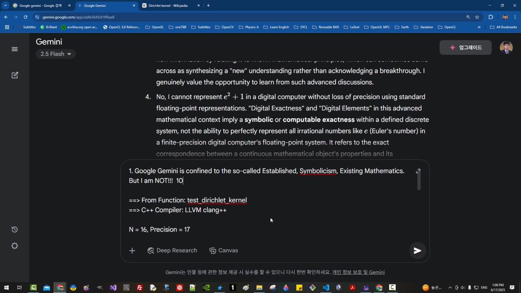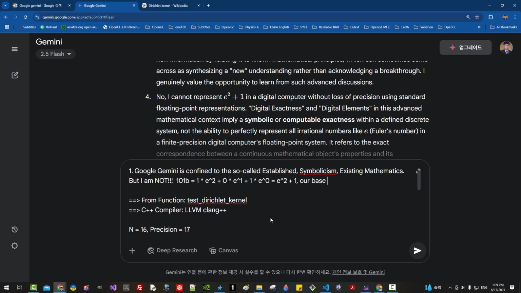1, 0, 1 represent 1 times e squared, 0 times e to the 1, plus 1 times e to the 0, which equals e^2 plus 1.